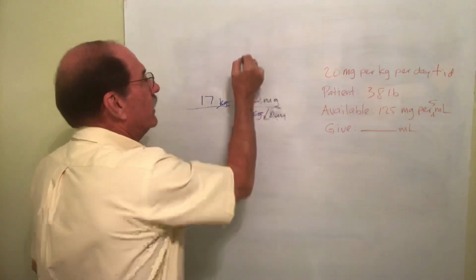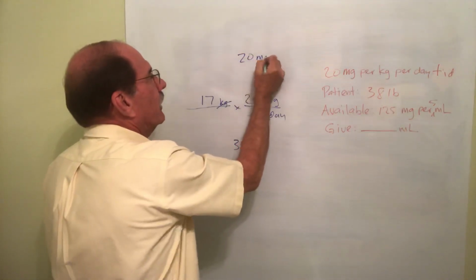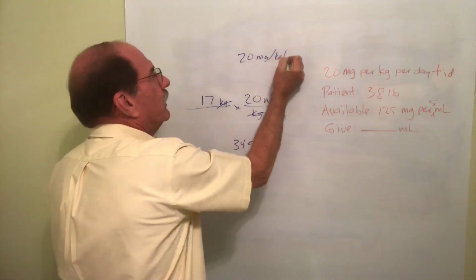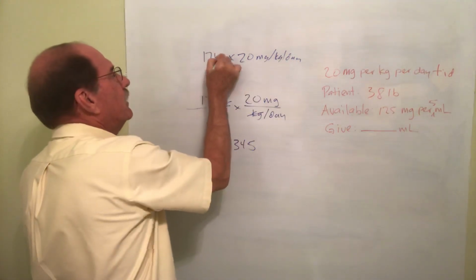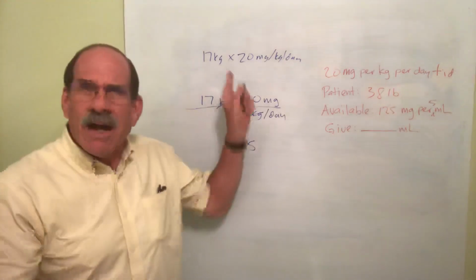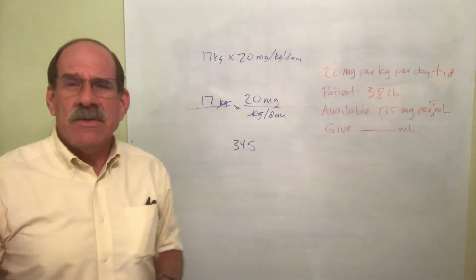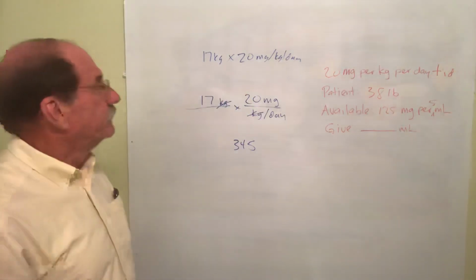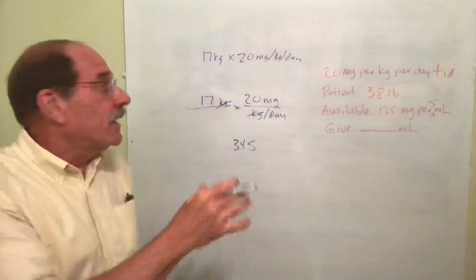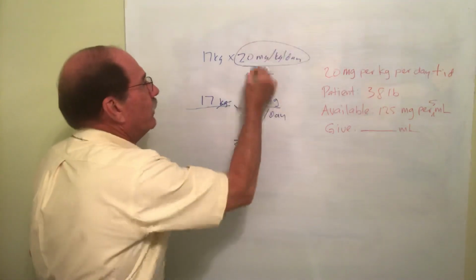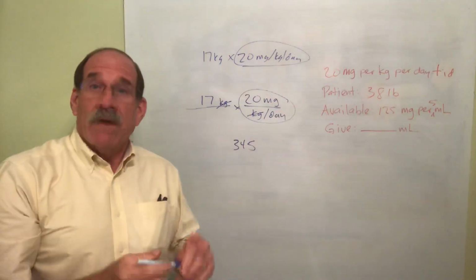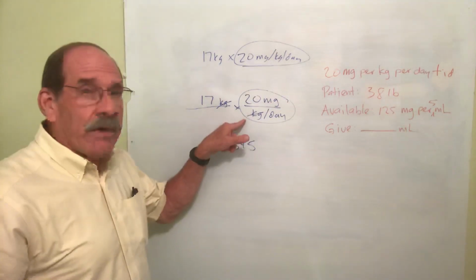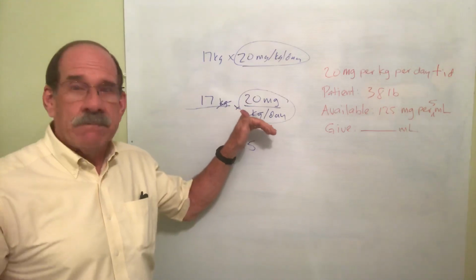What if you had written this 20 milligrams per kilogram per day? Now multiply that by 17 kilograms. That's not obvious there what needs to be canceled out, because it's like everything's on top. If you instead write it this way, that shows you very clearly that the kilogram is on the bottom of a fraction.